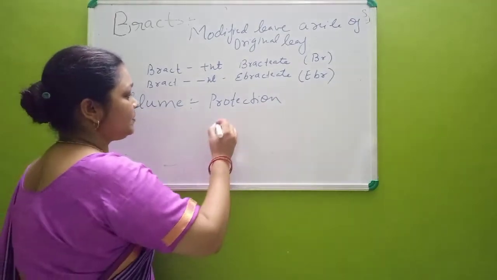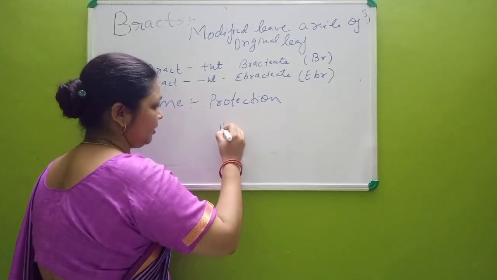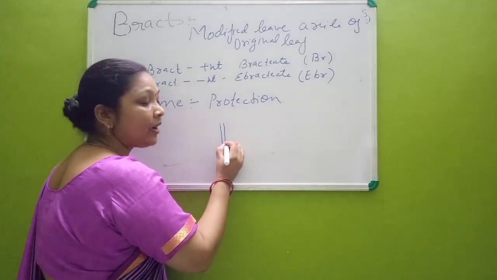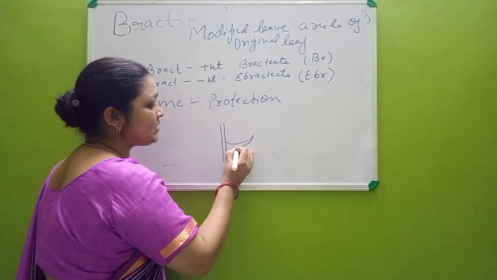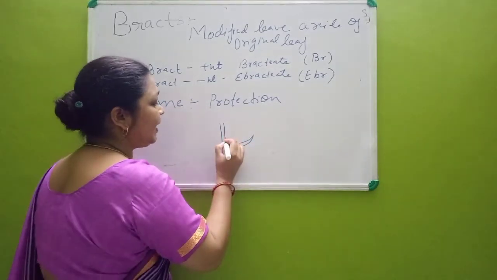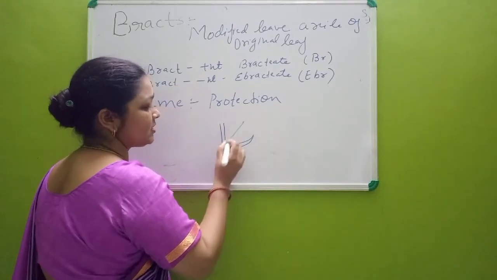If we see a wheat plant, this will be the stem, and here a brown spiny structure is present, and from the base of this the inflorescence arises.